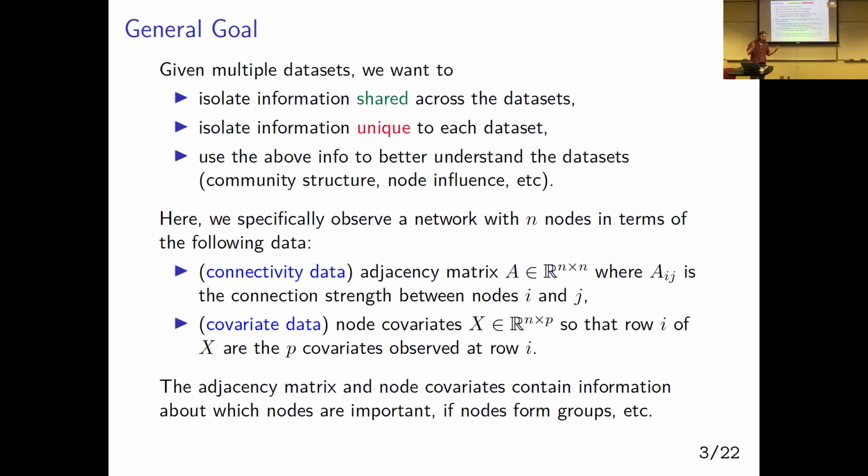Maybe it's the opposite, and you see nodes more connected between different groups and less connected within the same group. The covariates we measure at each node might also contain information about similar things, maybe related to clustering, or other relevant information.